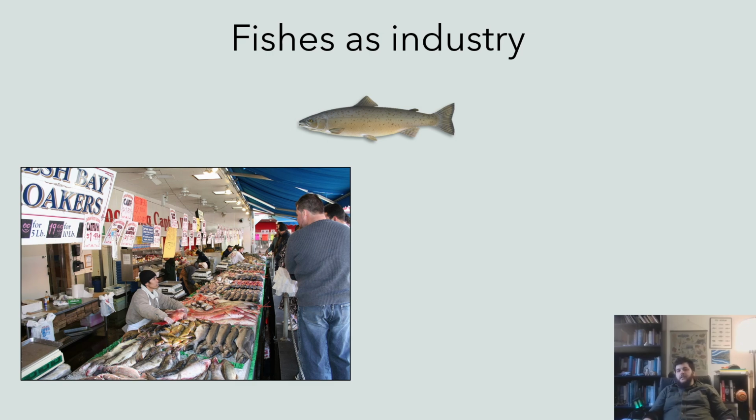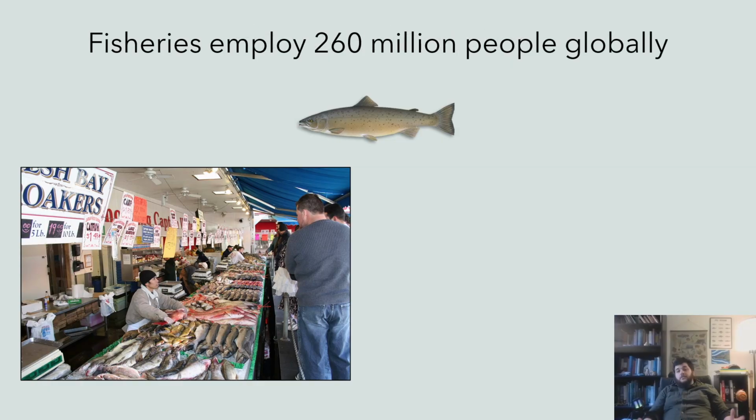This is where fish are being bought and sold as food primarily. And I learned, again, in making this talk, that fisheries employ over 260 million people around the globe. So 260 million people, their primary job, their mode of gathering income, is through fisheries. So a very important source of income and employment.